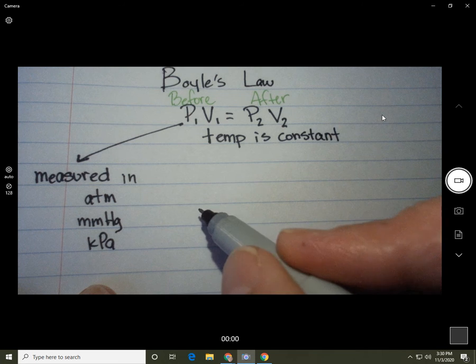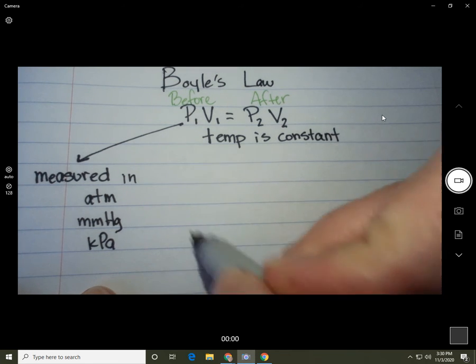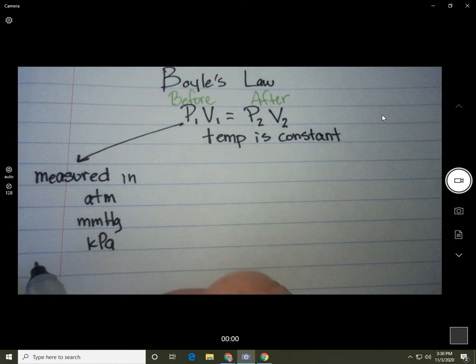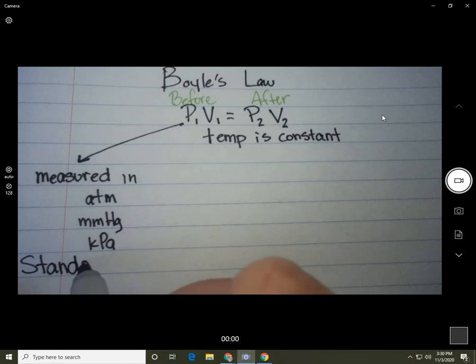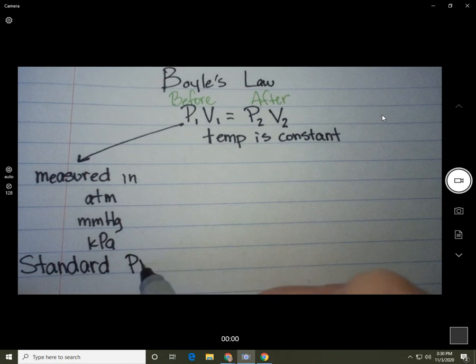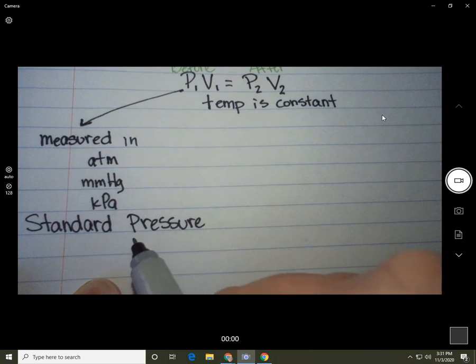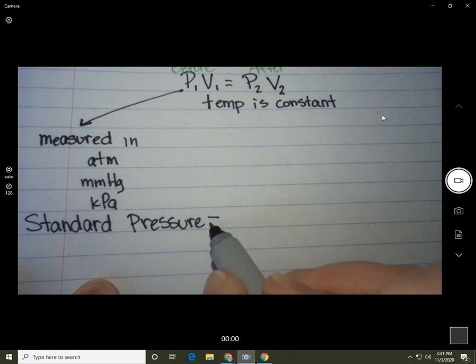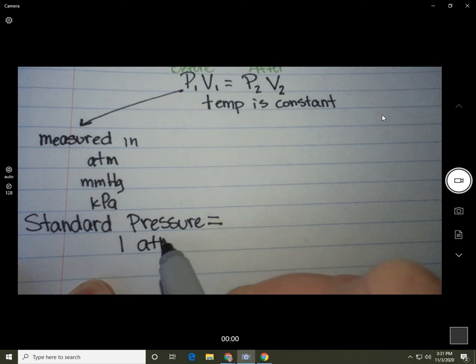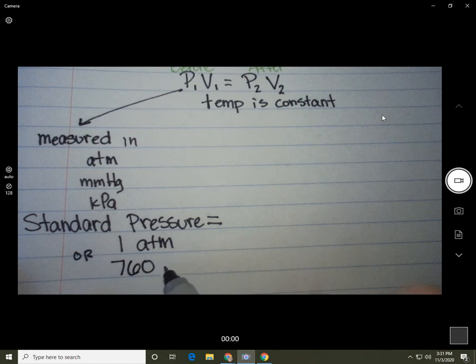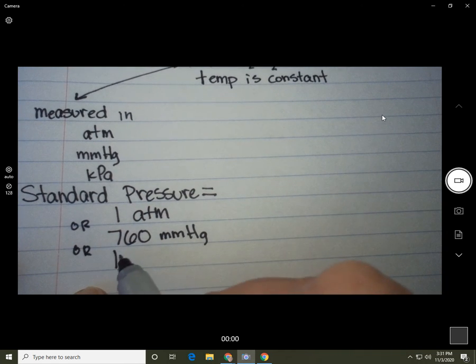We sometimes will talk about standard pressure. So if we just take a second and think about standard pressure. Standard pressure is 1 atmosphere or 760 millimeters of mercury or 101.3 kilopascals.